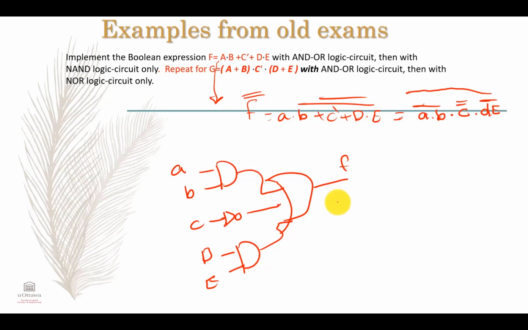So this is an AND, and this is a NAND, and this is an AND. However, the output of each corresponding term is NANDed with a gate with 3 inputs.